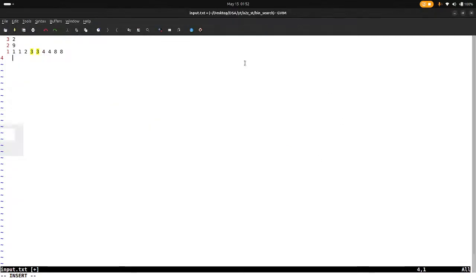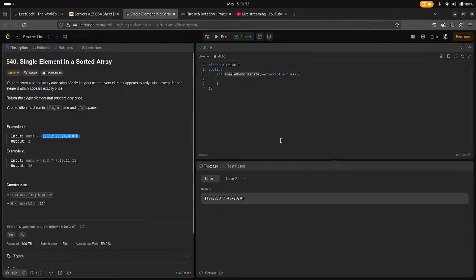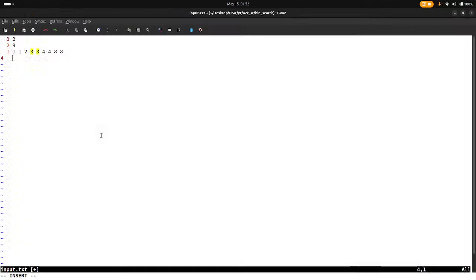Okay, makes sense. And the next one is like this: one, two, three, four, five, six, seven. So that's what my test cases look like.